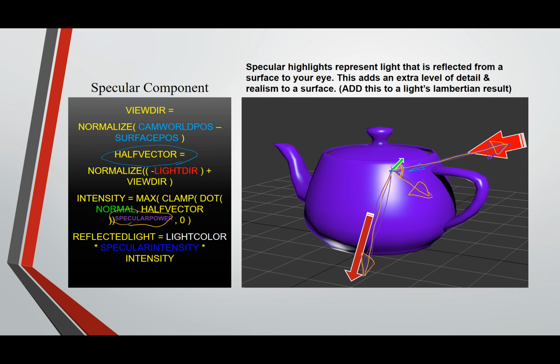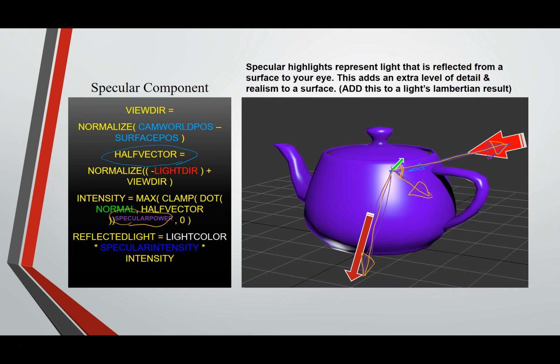Remember, notice there's also a dot and a clamp of our dot product of our normal and half vector. We're going to get a value of the dot product, clamp it so it's between 0 and 1, and then the specular power, remember, is just raising it to a power, something like the power of 2, or 10, or 50, or 100. And when you raise a fraction to a power, if you remember in gamma we raised our fraction to 2.2 and actually caused the curve to lower. This is the same idea.